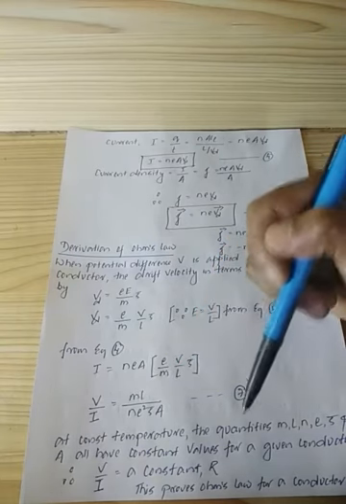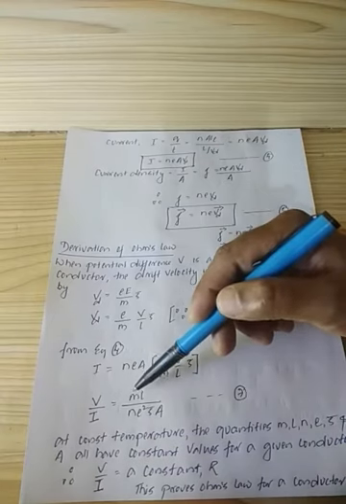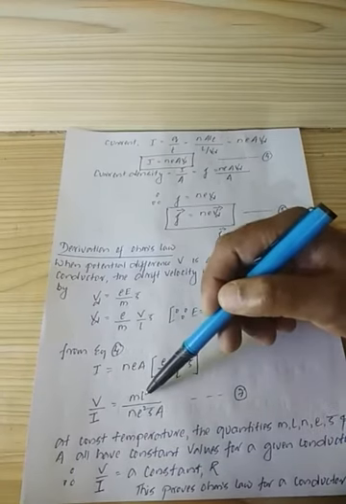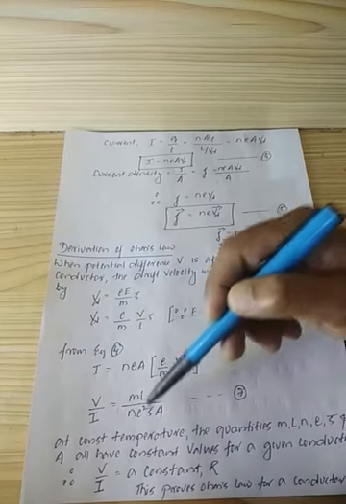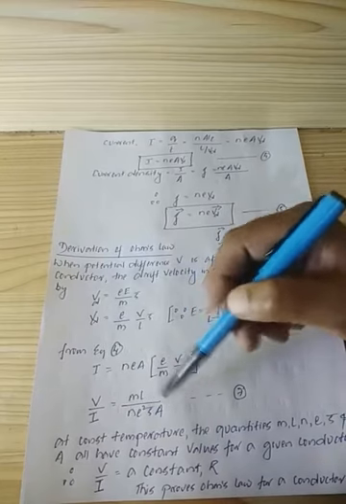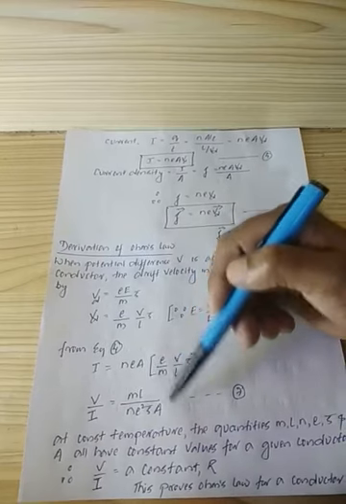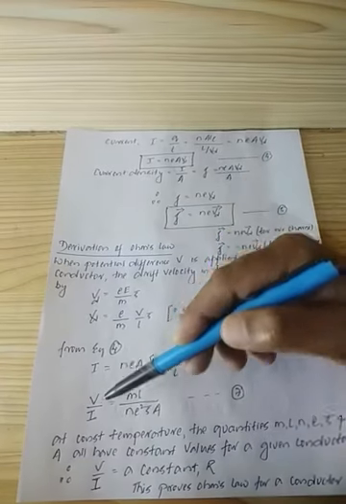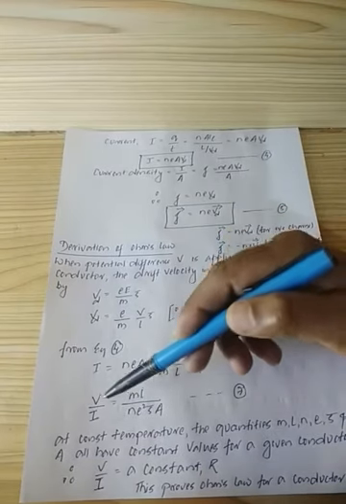Now at constant temperature, the mass of the charge carrier, the length of the conductor, charge density, charge, relaxation time, and area are all constant. So V divided by I is constant, which is nothing but Ohm's law.